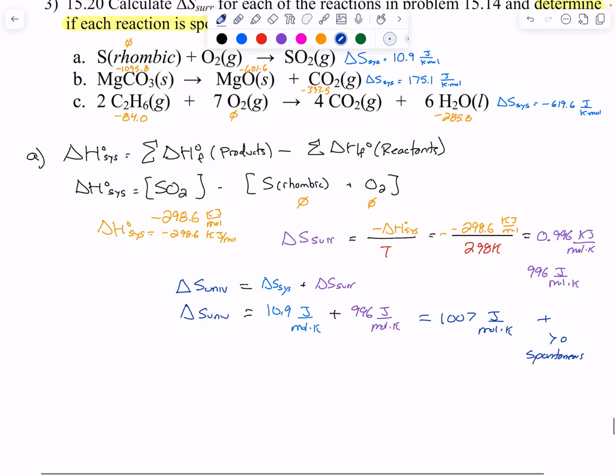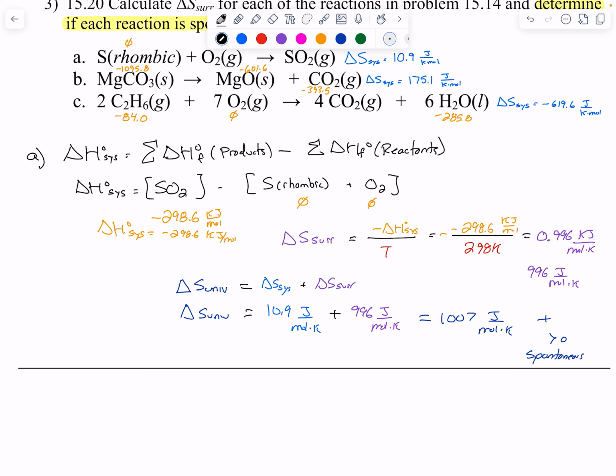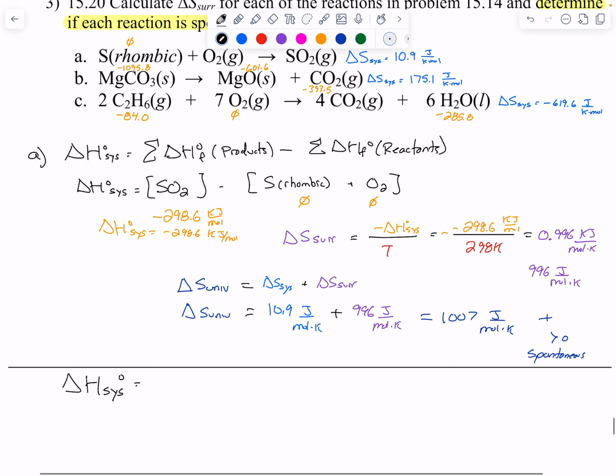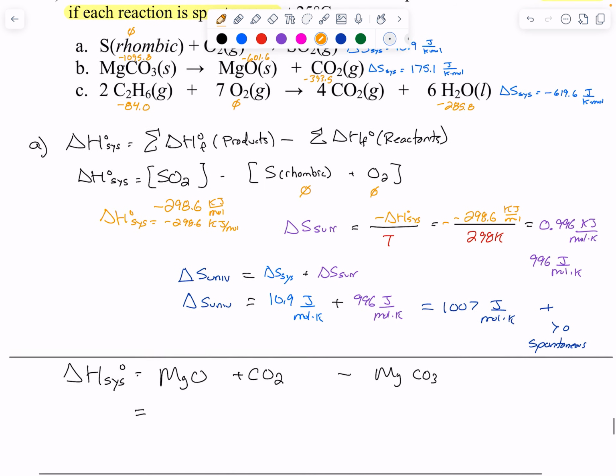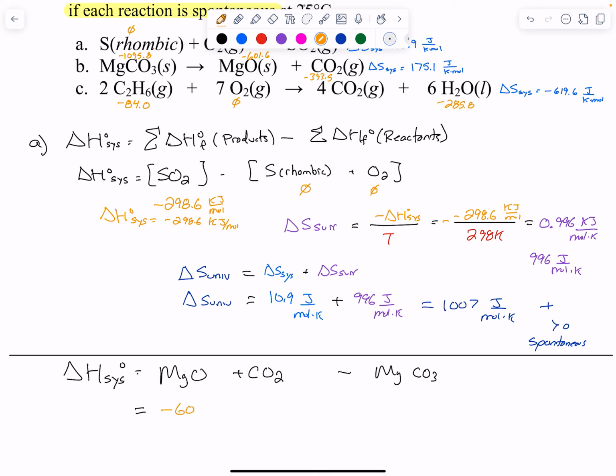Same thing happens with B now. I'm just going to go right into it. We have products, magnesium oxide and carbon dioxide, minus our reactant, magnesium carbonate. Magnesium oxide was negative 601.6, and these are all in kilojoules per mole.